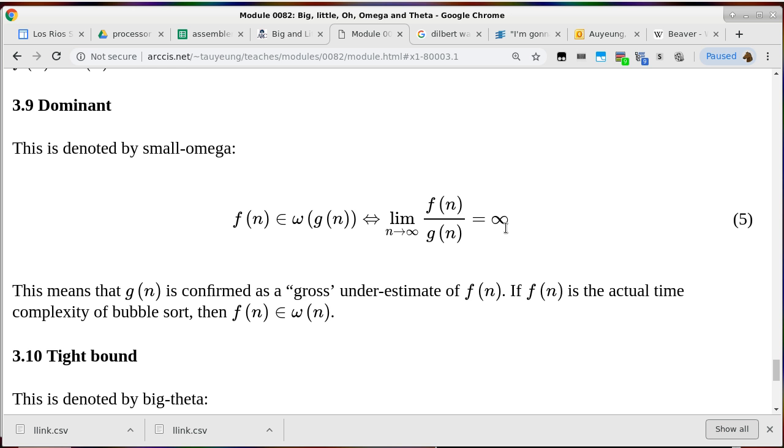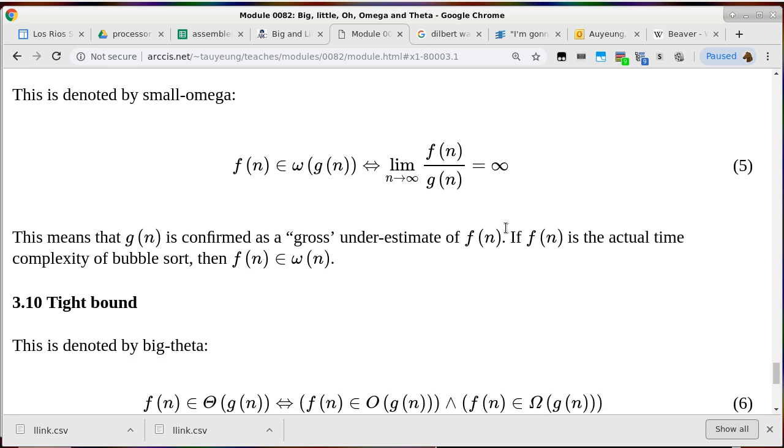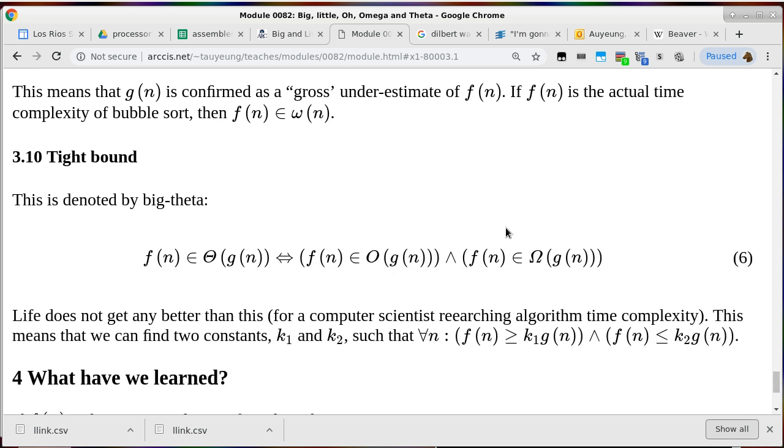So are we good so far with the terms? And then the last one, which is what we call a tight bound, is something that we have seen already. This is what big theta is about. f of n is an element of big theta of g of n if and only if f of n is an element of big O of g of n, and f of n is also an element of big omega of g of n.